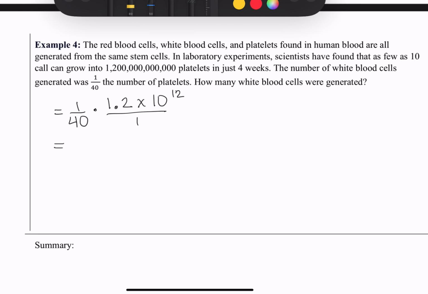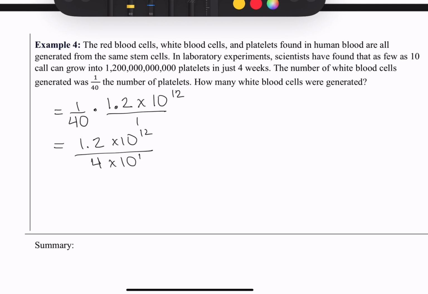So let's do the numerators multiplied together first, which is going to give me 1.2 times 10 to the 12th. And in the denominator, 40 times 1 is just 40, but let me write 40 in scientific notation. That would just be 4.0 times 10 to the first.